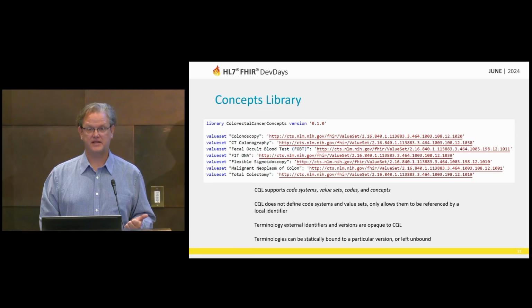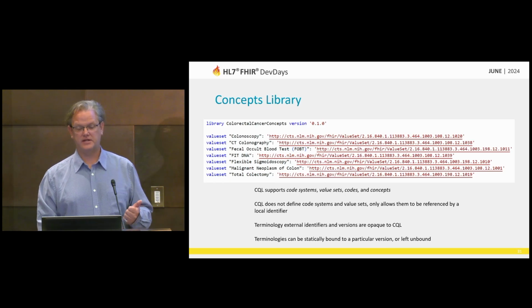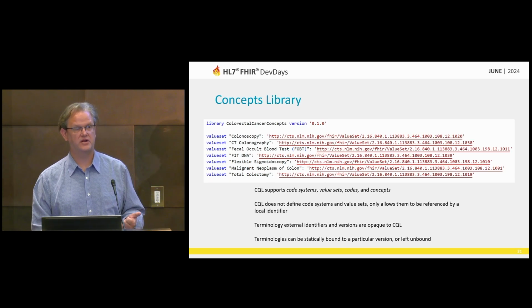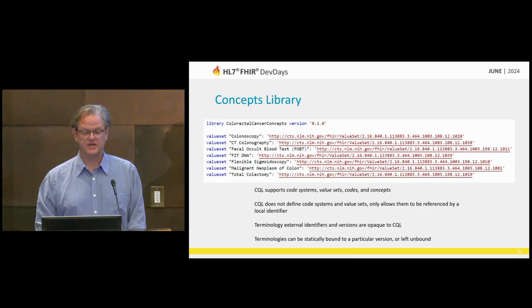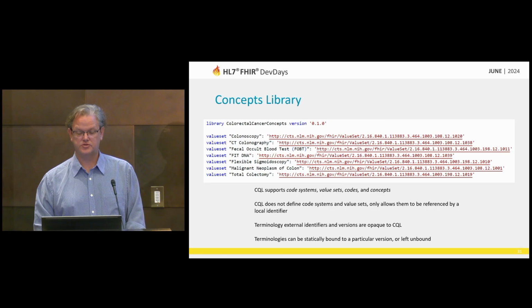It does not define them. It only supports the reference to them and the name for a local identifier that you can use within your CQL to talk about that. So if you look at this value set colonoscopy, that's actually a reference to a value set that in this case is housed in the VSAC, Value Set Authority Center, a terminology service in the US, supports various CMS program initiatives.